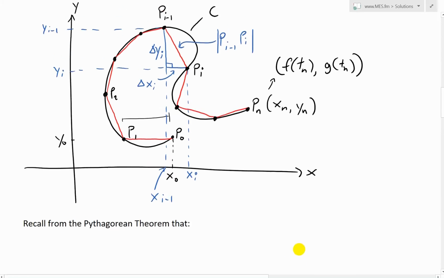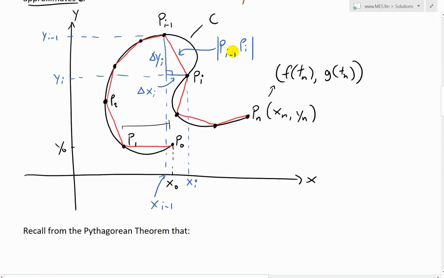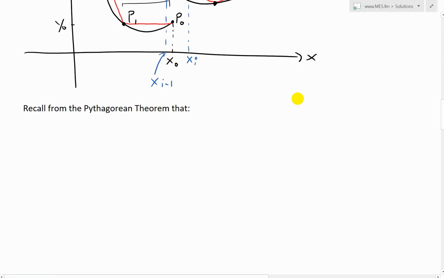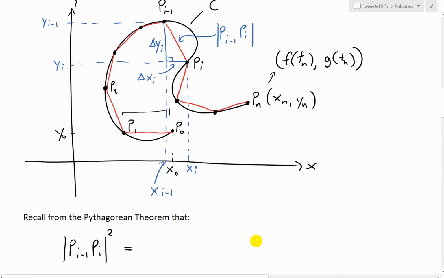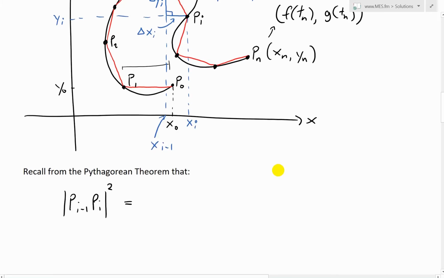Now recall from the Pythagorean theorem, with a right angle triangle, we can determine this length. For our case, |p_{i-1} p_i| squared is equal to the sum of the squares of the vertical and horizontal sides.